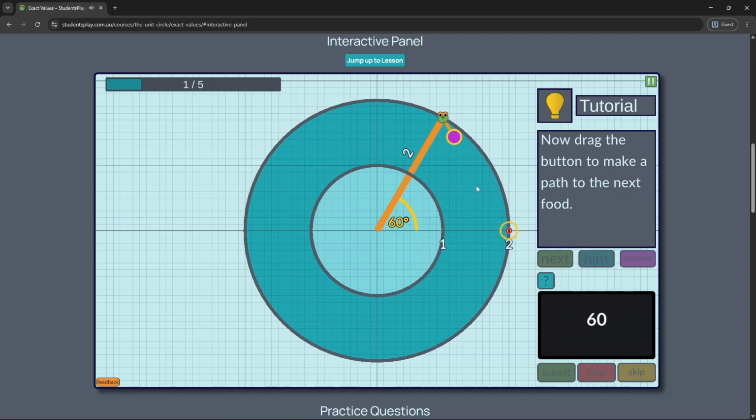Okay, like that. Now drag the button to make a path back to the center. Okay, this way. Okay, cool.